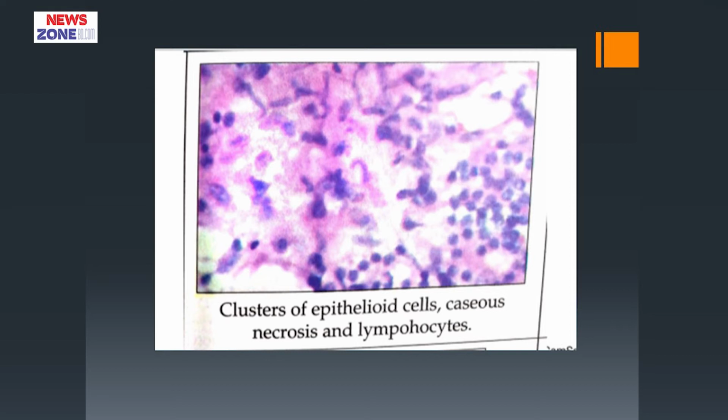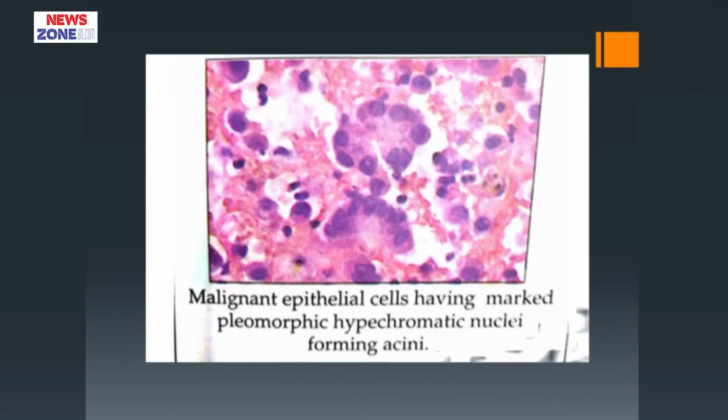Then you give some ornaments: the focal collection of epithelioid cells surrounded by a layer of lymphocytes and macrophages. But the focal collection of epithelioid cells is sufficient to form a granuloma. This is a typical granuloma, a caseating granuloma, most likely a cause of tuberculosis.